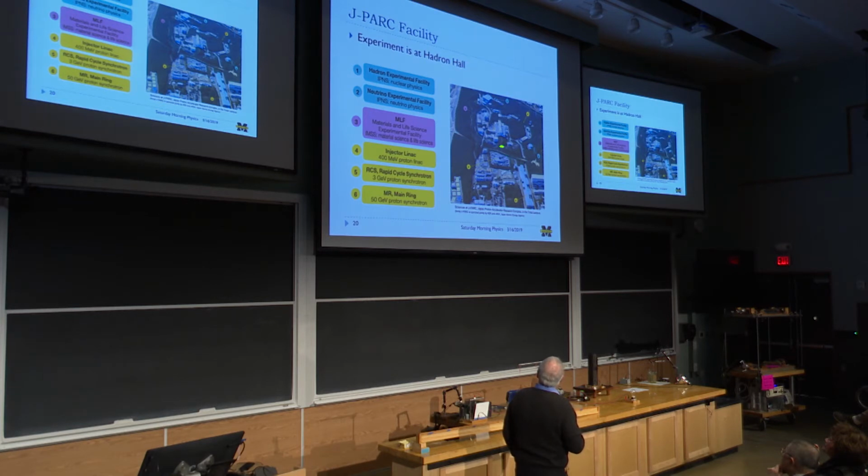Second stage is a rapid cycling synchrotron. So the particles start here, go down to here, get sped up. Then they go into this ring, get sped up even more. Then they're taken out and go into the Hadron Hall here, which is where our experiment is.